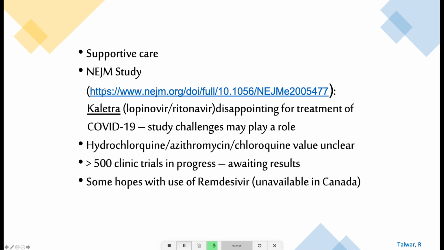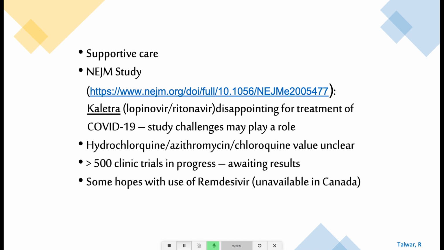They showed in this particular study that there was a disappointing effect of Kaletra for the treatment of COVID-19. However, some of the assessment of this study was that they really used it in a very challenging situation with people with very advanced disease. And this was in China, I believe, that they did this study with this particular drug.